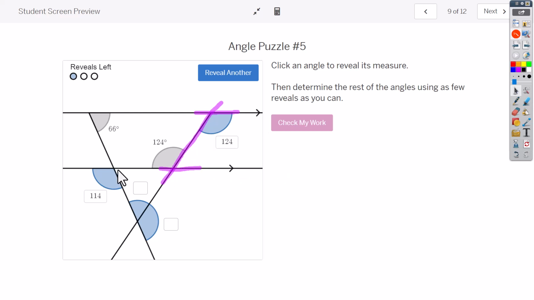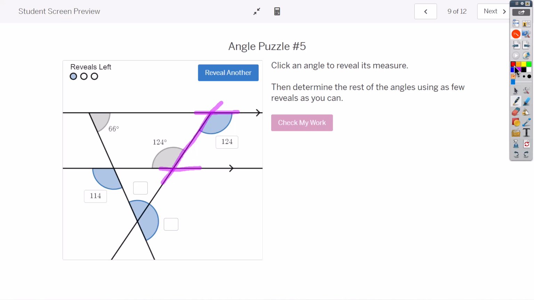And that leaves me with some difficult information here. These angles at the bottom don't have anything to do with the parallel lines, but they do form a little triangle. And that's what I'm going to use to move forward here.